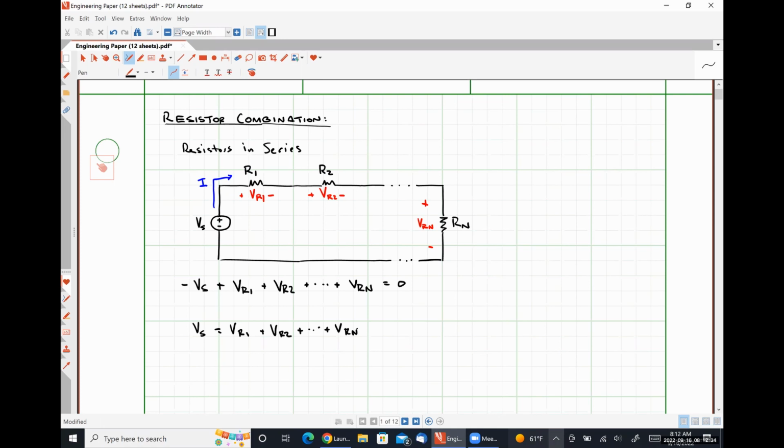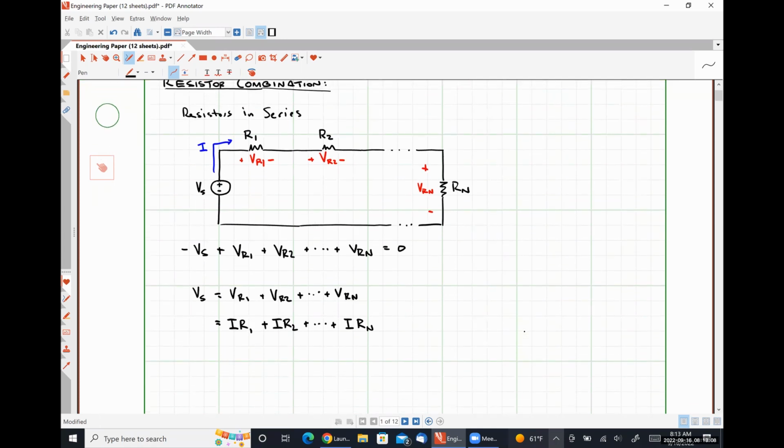So now what we're going to do is exactly what we did on Wednesday. We are going to express all of those resistor voltage drops in terms of that single unknown current that flows through this entire loop. So using Ohm's law, we could say that VR1 is simply I times R1, VR2 is I times R2, and so forth until we get out to I times R sub n.